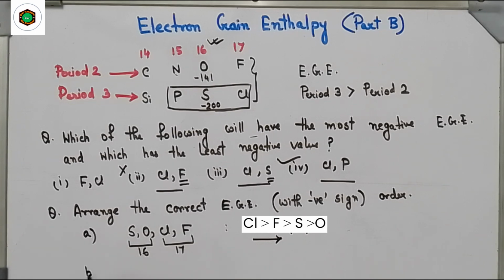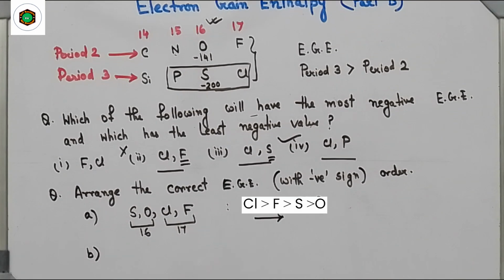Similarly, if someone asks you the electron gain enthalpy order of sulfur, oxygen, nitrogen and phosphorus: you know nitrogen has a positive electron gain enthalpy, phosphorus has a negative one, but since these two are group 15 elements, they have a less negative value, and group 16 elements have a higher negative value.